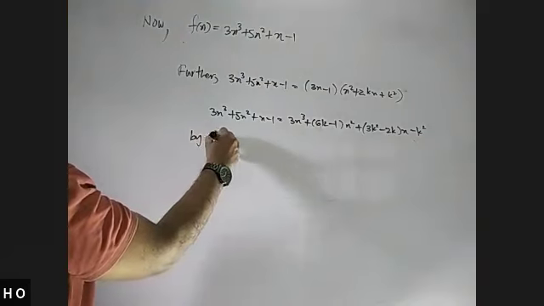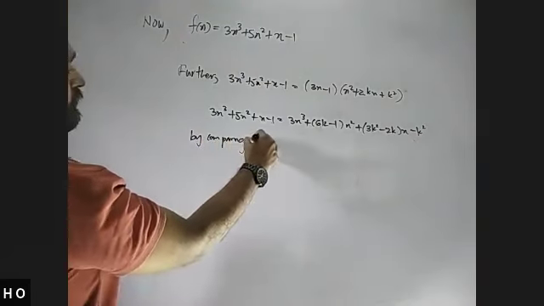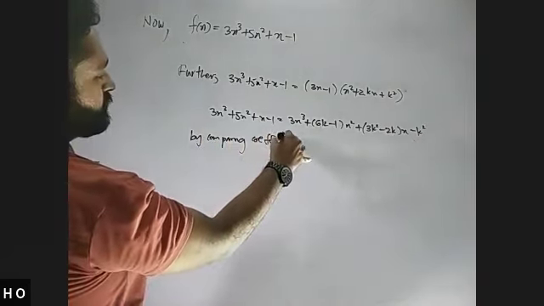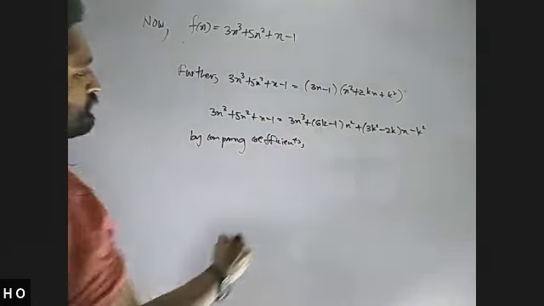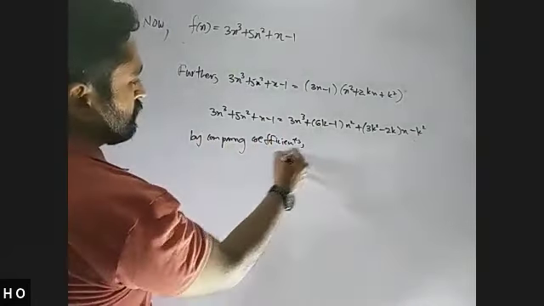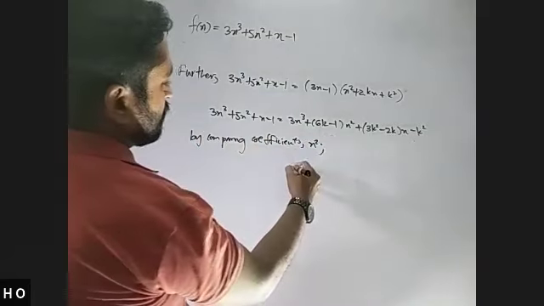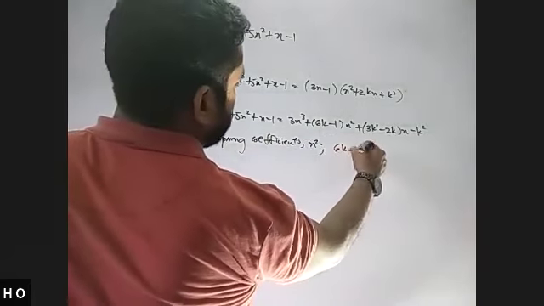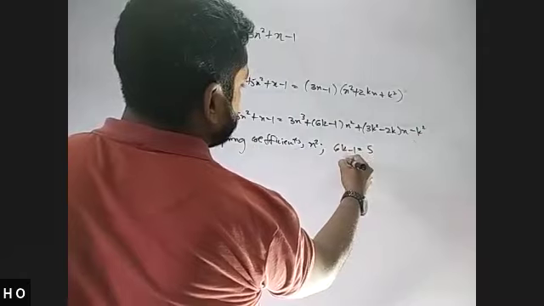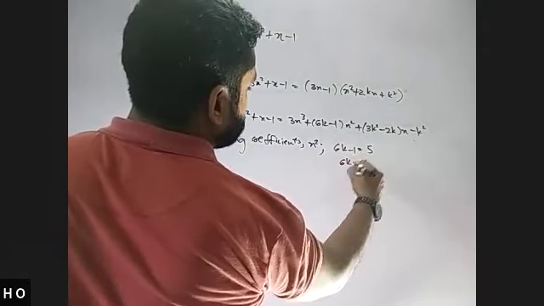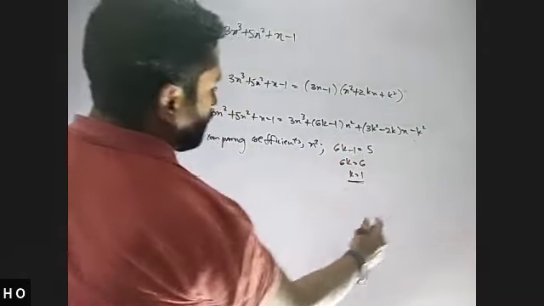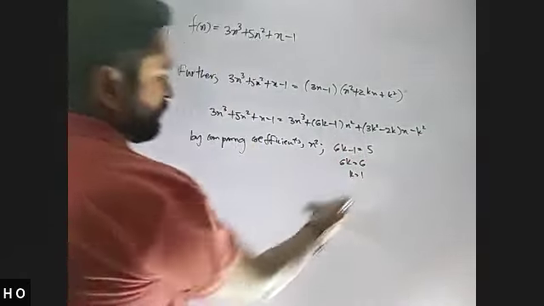So by comparing coefficients, let us compare the coefficient of x squared. 6k minus 1 is 5, so 6k is 6, and k is 1.